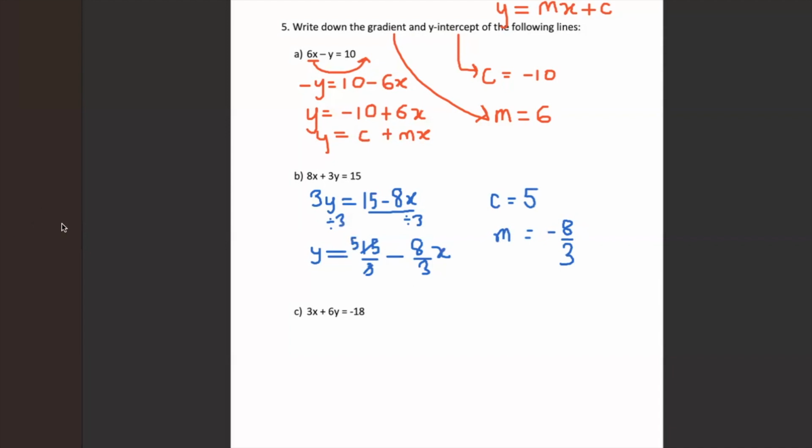Okay, now let's look at the last question there. 3x plus 6y equals minus 18. So again, we do a minus 3x on this side and minus 3x there. So it should be 6y equals minus 18 minus 3x. Then we divide by 6 on both sides.